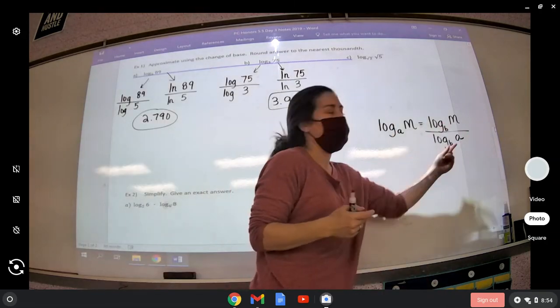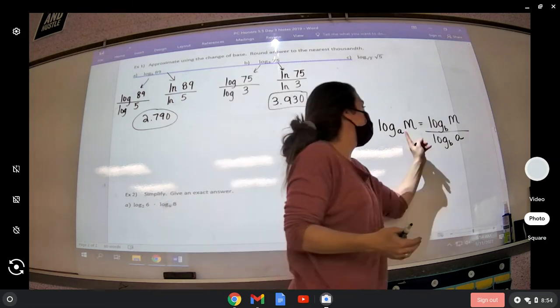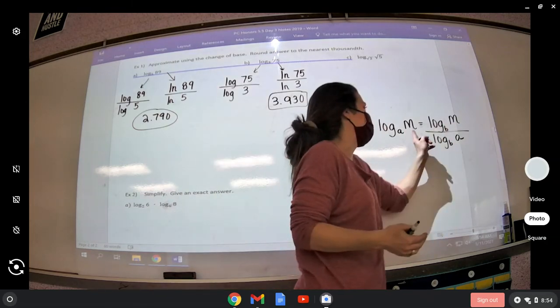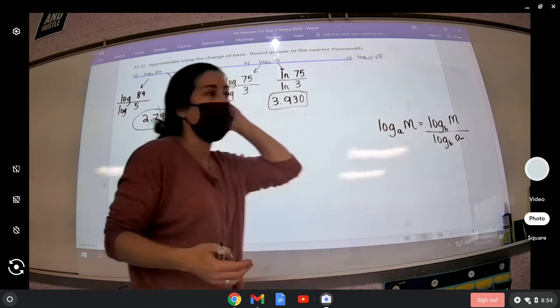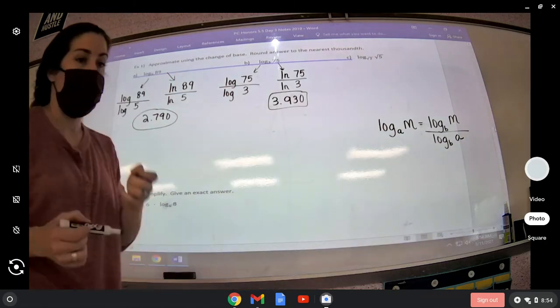Oh, okay. So B is your new base, usually 10 or E, and you take the log of what you originally took the log of first, and the bottom is the log with your better base of your old base. All right, thank you. I just didn't catch the bottom part.